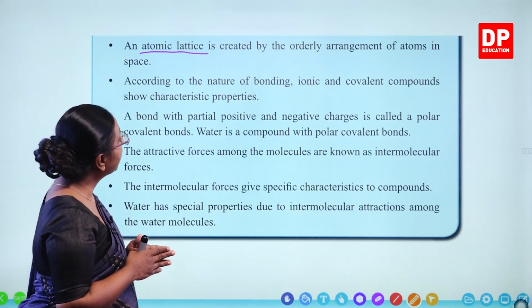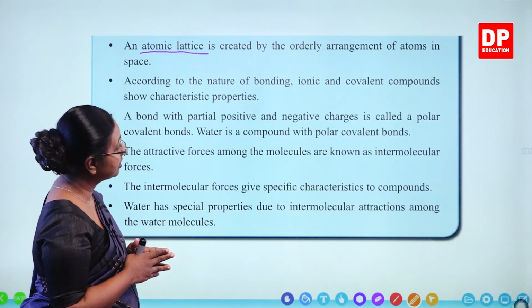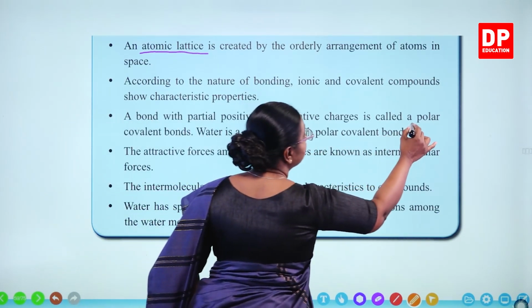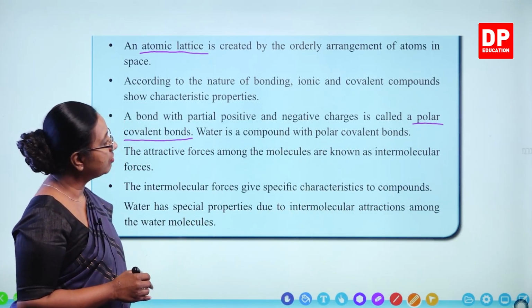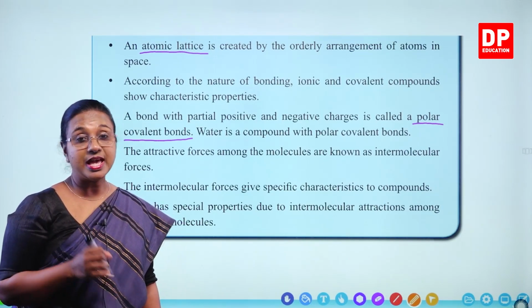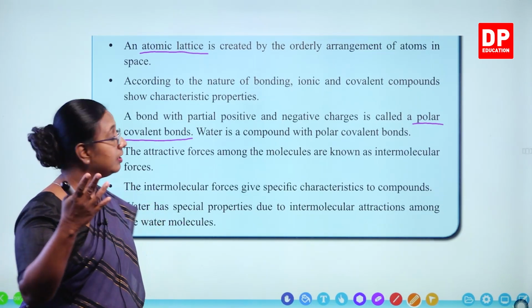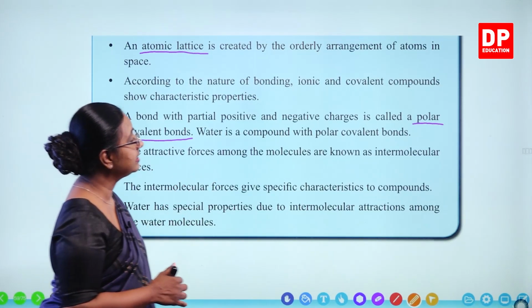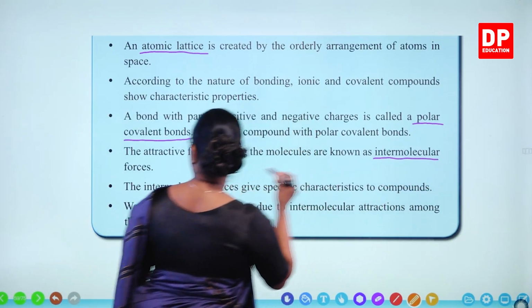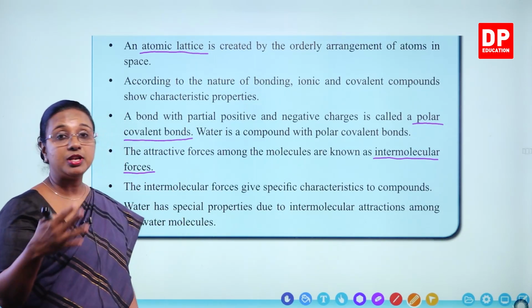A bond with partial positive and negative charges is called a polar covalent bond. Water is a compound with polar covalent bonds, and you all know water is a polar compound. The attractive forces among the molecules are known as intermolecular forces or intermolecular bonds.